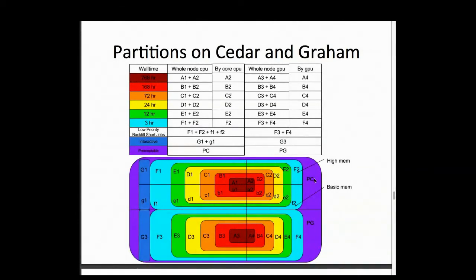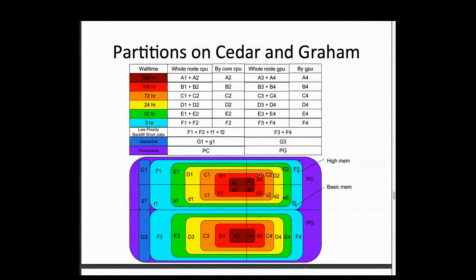So that if there aren't enough jobs that require whole nodes, then they will be filled with shorter jobs. Which is also a reason why you should run shorter jobs, because you have more opportunities to run on more of the cluster.